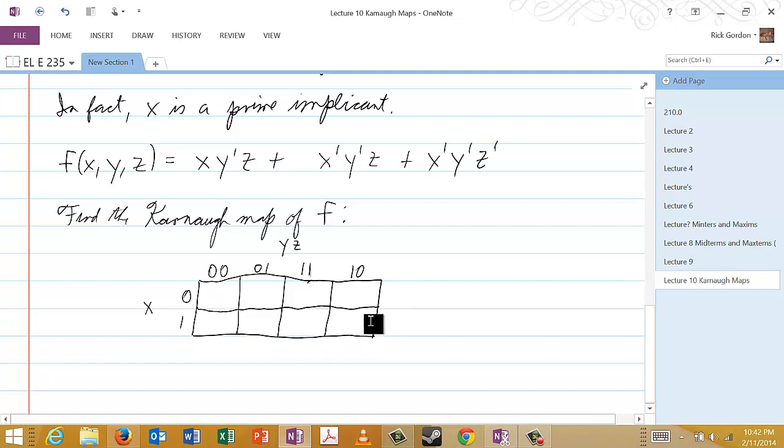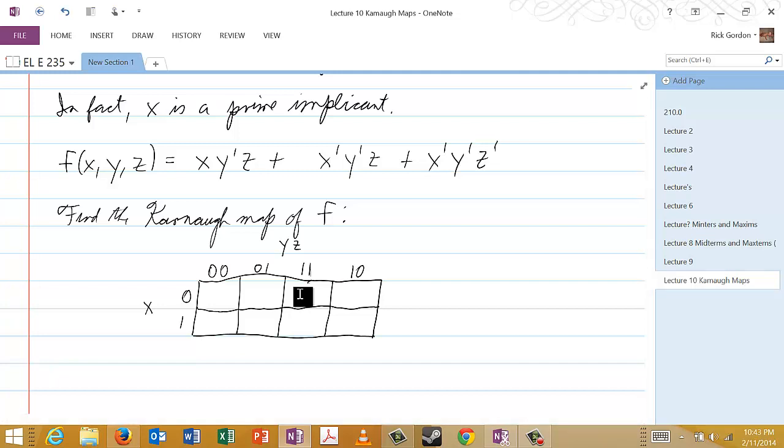And likewise, if we're here and we move right, we'll get here. Similarly, if we're here in this cell and move down, we'll go to this one. If we're here and we move down, we go to this one. So in other words, you need to think of the top edge being connected to the bottom edge and the right edge being connected to the left edge.